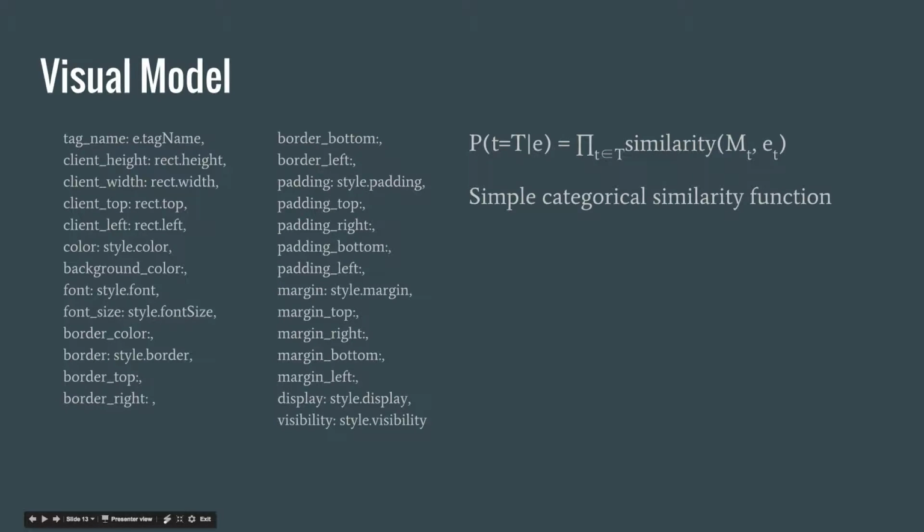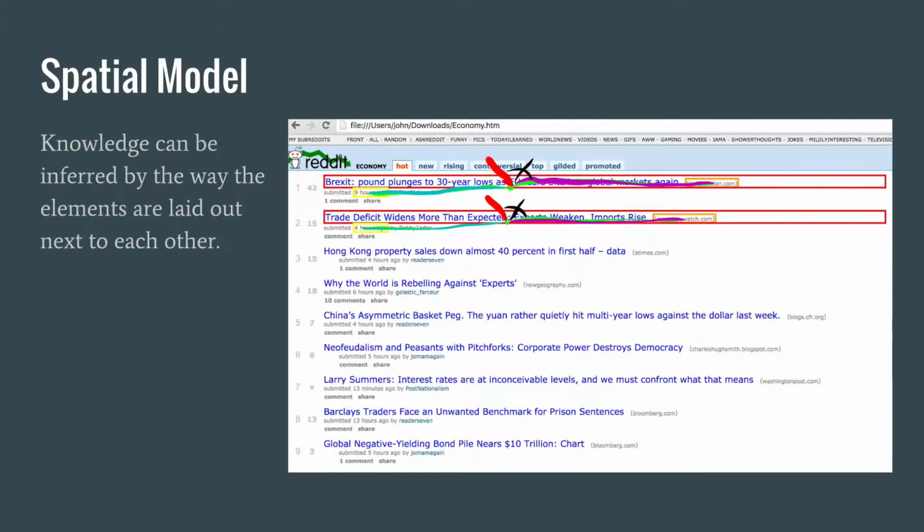A couple of insights about what makes these DOM elements part of the data entity model or not. As you can imagine, things that belong to a certain category are visually similar to each other, and so we use visual similarity. I'm not going to go through all these, but you can look at it if you want. And then now you have things that belong to a certain category.